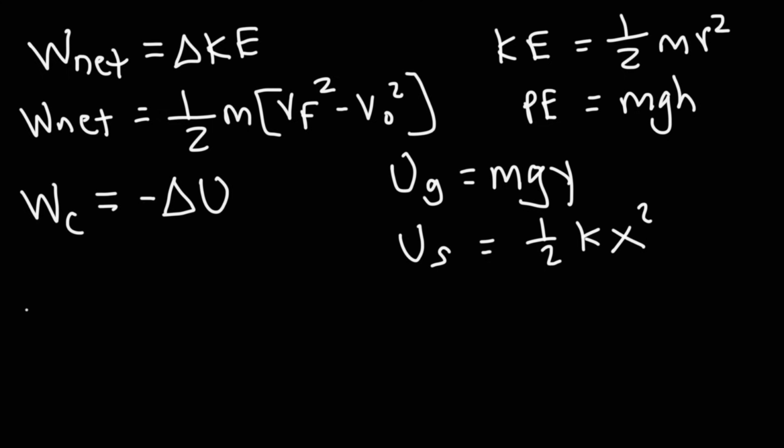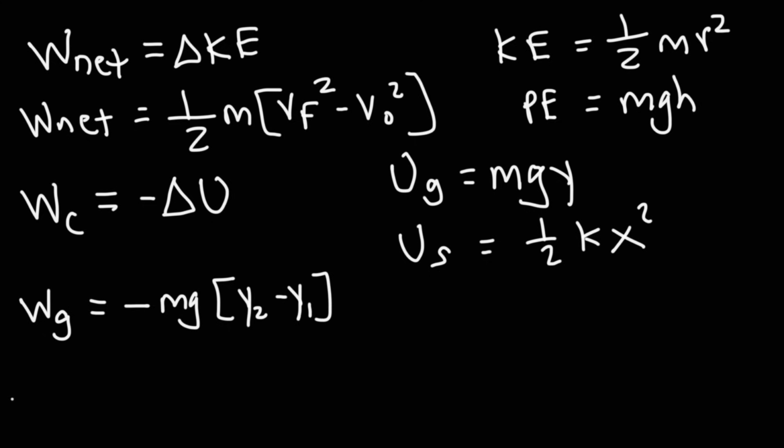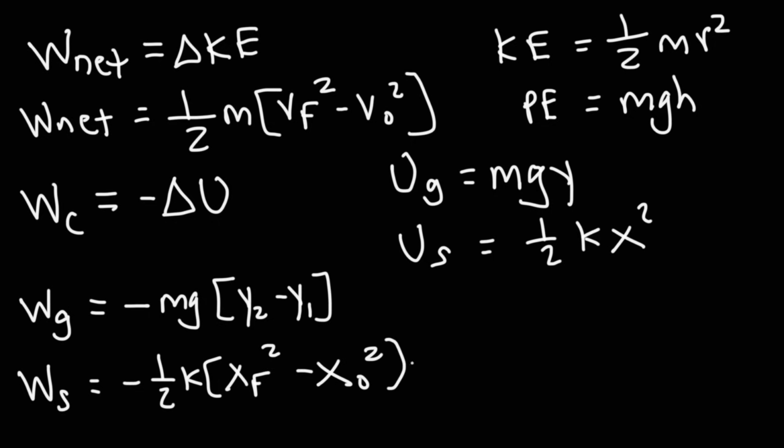So let's say you want to find the work done by gravity. It's going to equal negative the change in potential energy, which will be negative m g delta y, or y2 minus y1. The work done by the spring is going to be negative 1/2 k times x final squared minus x initial squared.